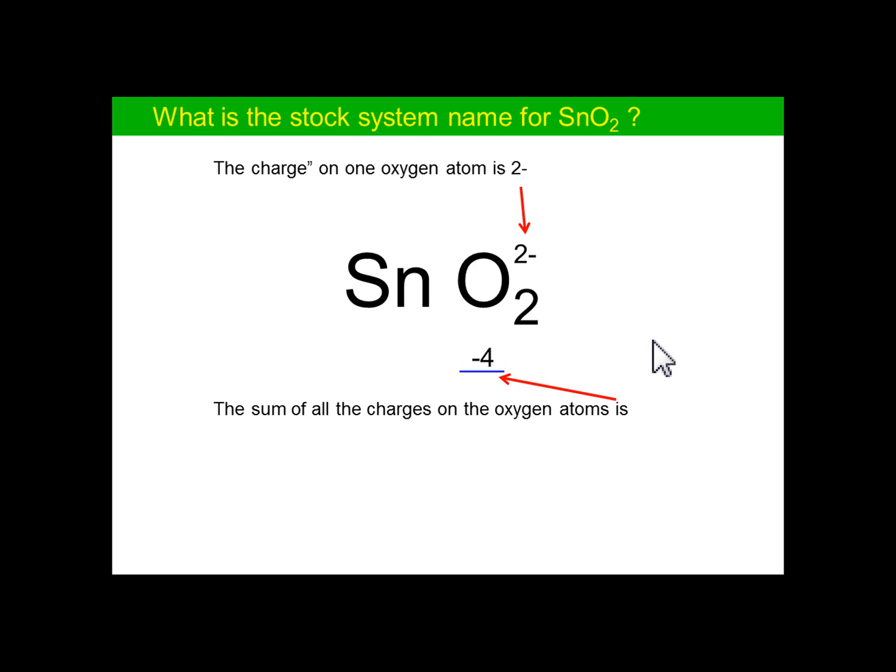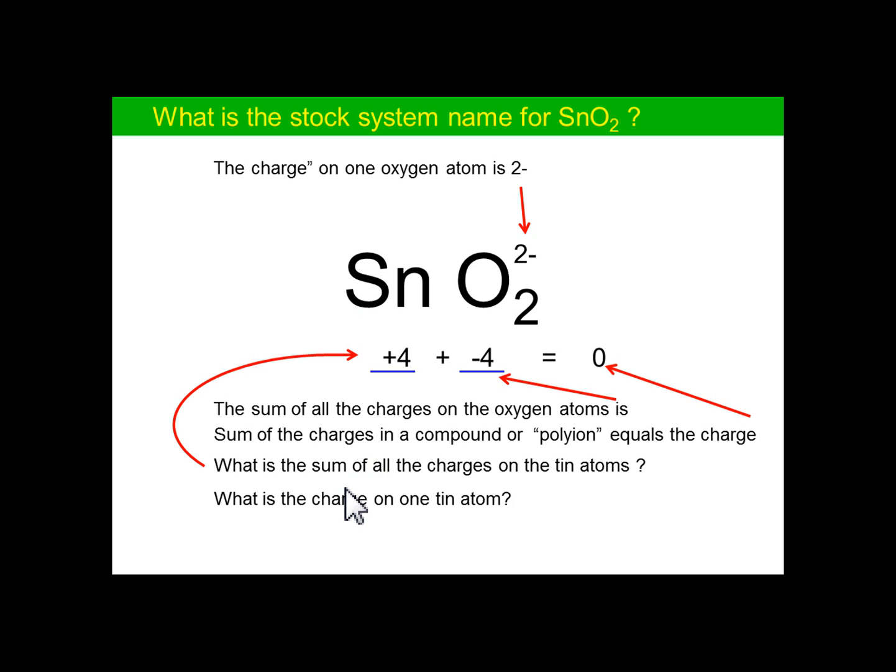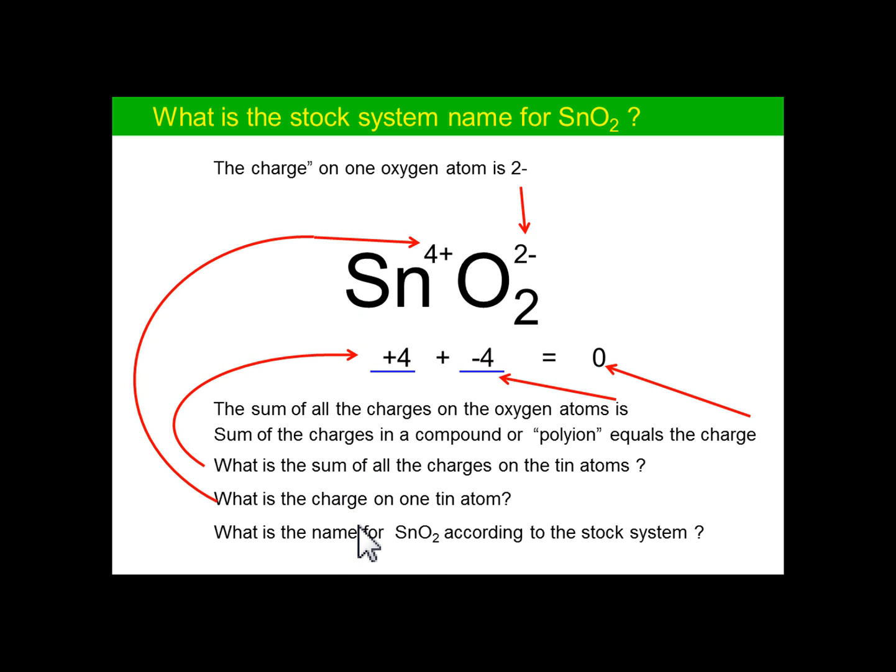But we can figure it out because the total charges on this compound have to add up to 0. That means there's only one possibility: the tin, and there's only one here, would have to be a positive 4 to make this 0. So the name for this compound is tin 4 oxide.